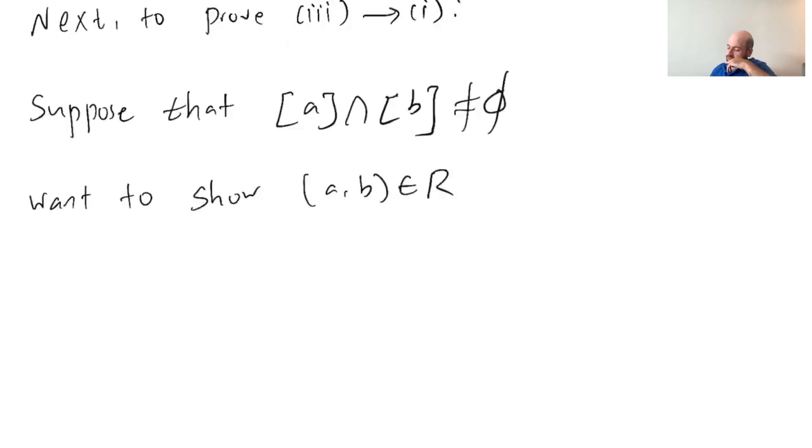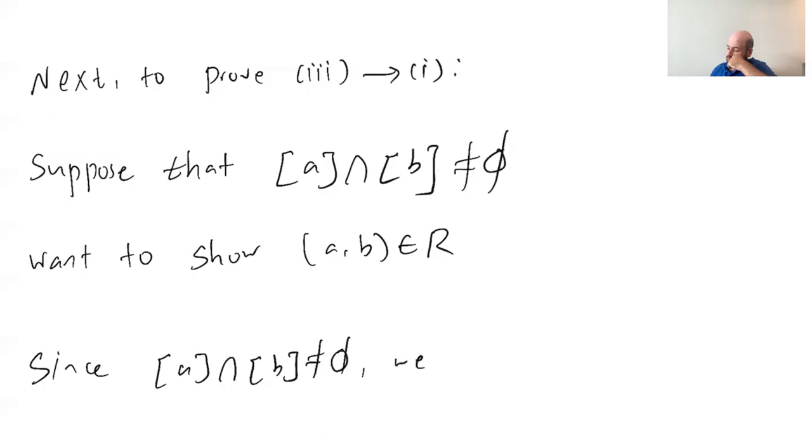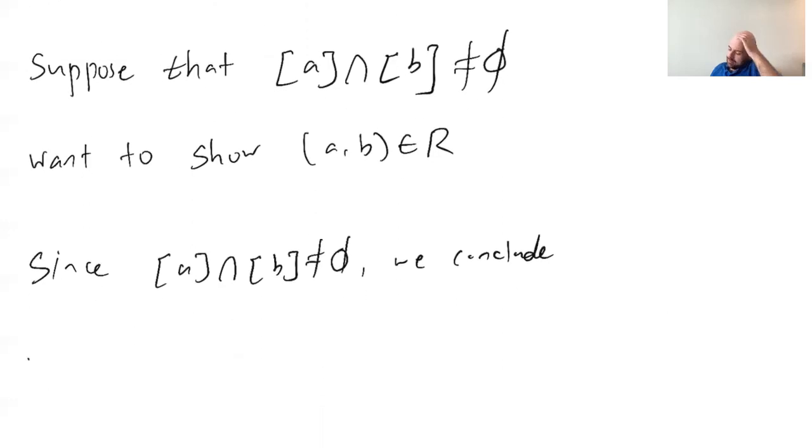So if the intersection is non-empty, that means it contains at least one element, right? So since equivalence class of A intersection equivalence class of B is non-empty, we can conclude that there exists X in the intersection, some element X in the intersection.